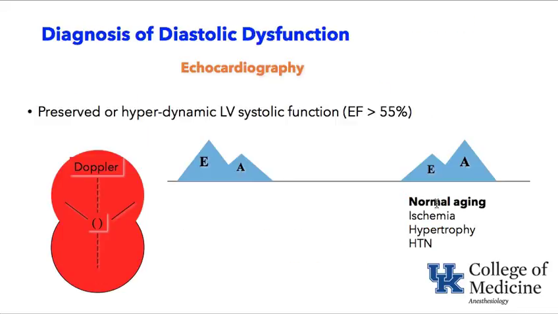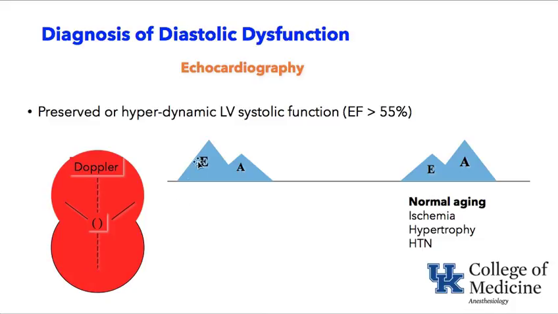So when we look at the elderly heart trying to look for diastolic dysfunction, one of the things that's looked at is the pattern of inflow from the left atrium to the left ventricle by Doppler. I've shown you a graphic of a Doppler signal being sent across the mitral valve, looking at filling patterns of the left ventricle.